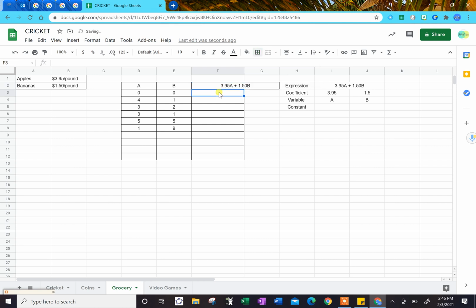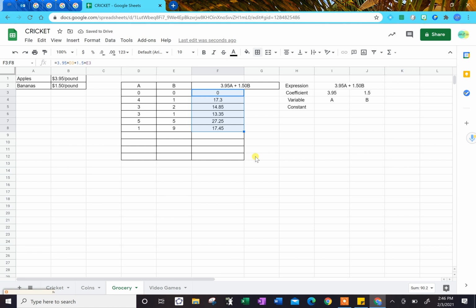So I'm going to say equals 3.95 times the number of apples plus $1.50 times, I'm sorry, those were apples, times the number of bananas. And I get 0. And once again, it says autofill. I'm going to say no, just so I can show you this. And here we go. I'm going to drag it down, and we get this.